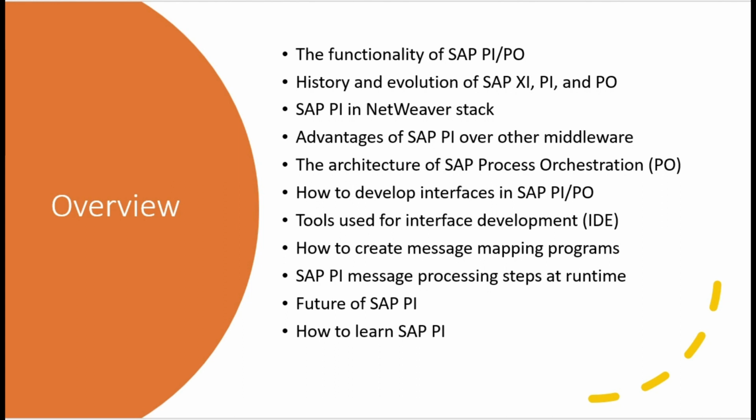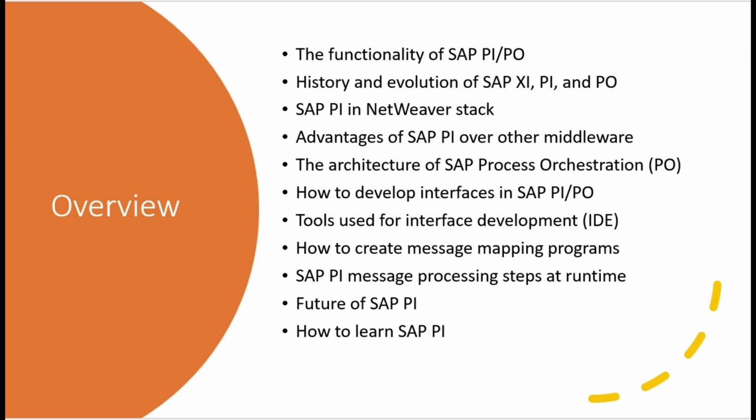So history and evolution of XIPI, and then SAP PI in NetWeaver stack, advantages of SAP PI over other middlewares, architecture of SAP PIPO, how to develop infrastructure in SAP PIPO, tools used for interface development ID, how to create message mapping program. And the other three points are SAP PI message processing steps at runtime, future of SAP PI, how to learn SAP PI. So all these functionalities we will cover today.